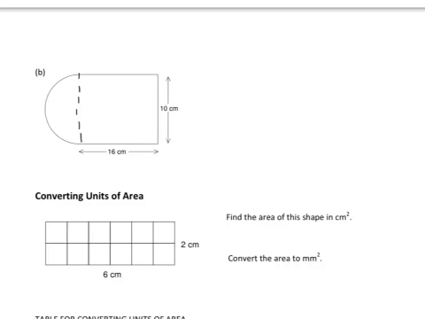So there is the diameter of our semicircle, there's the centre, and we can say something about that distance, which is the radius, and it's going to be half the opposite side of the rectangle, so it'll be 5 centimetres.